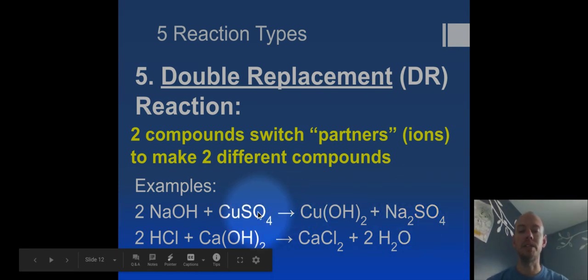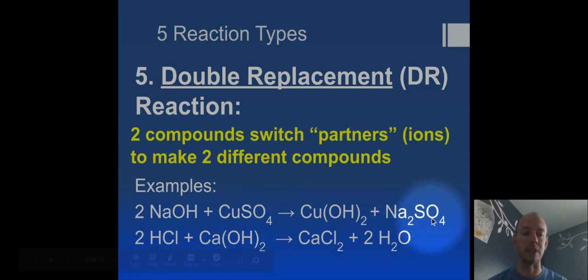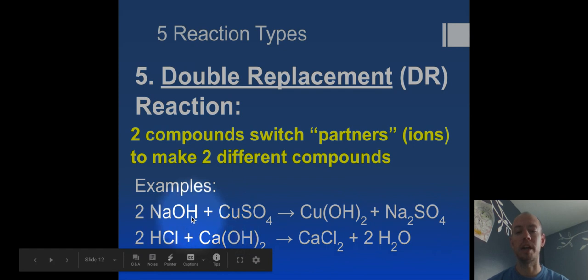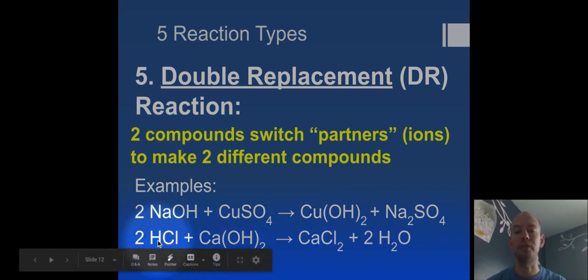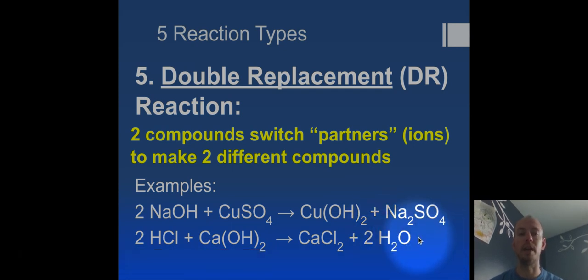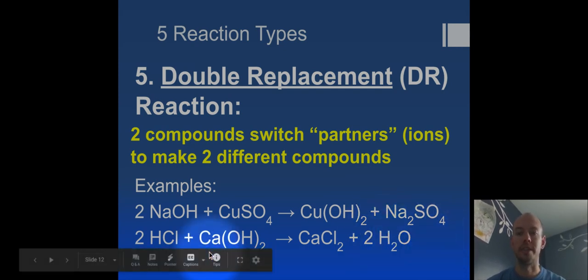But it's even easier at times to think of, well, I have a sulfate, an SO4 here and an SO4 here, an OH here and an OH here. Well, that's why I needed a 2, because there was a 2. The one copper to the one copper. And when we're looking at it with polyatomic ions instead of individual atoms or elements, hydrogen, H, combines with hydroxide, OH, and it makes HOH, or it makes H2O. So that's kind of a weird but unique version there.